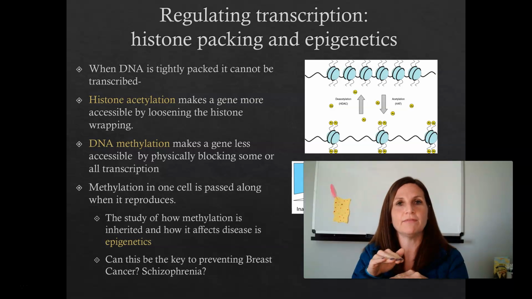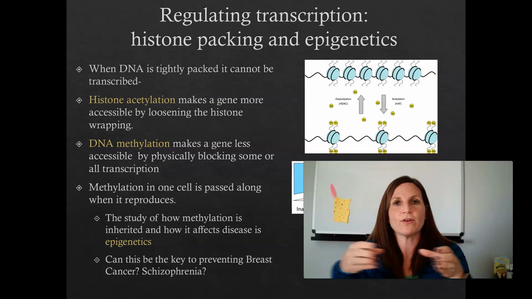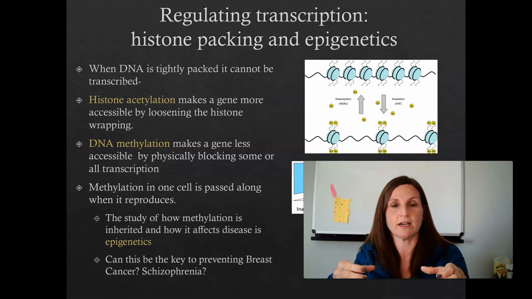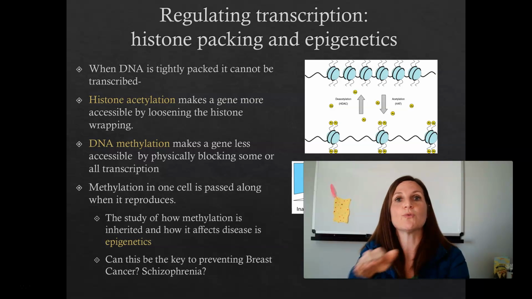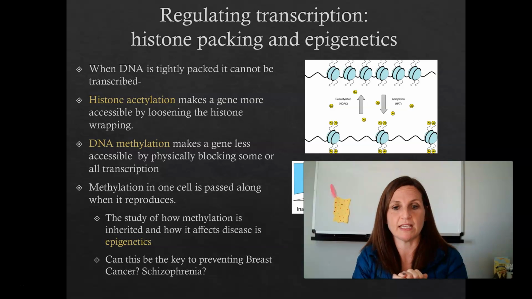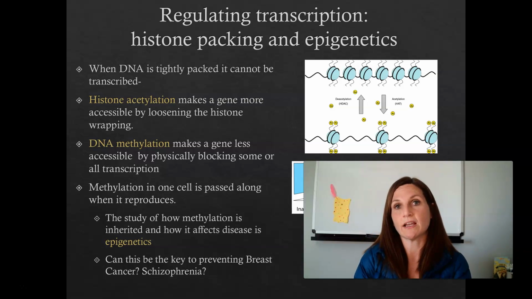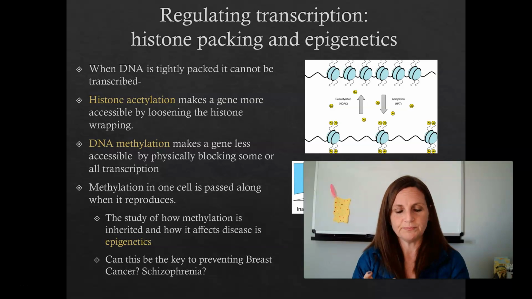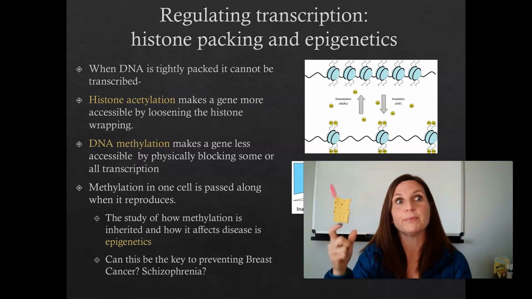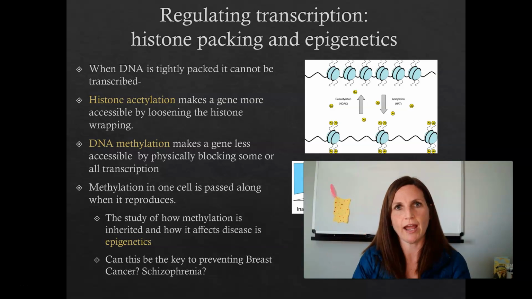Epigenetics means above the genes. So above whether or not you have the gene for breast cancer, you talk about the controls of that gene. And so the idea is that we might be able to prevent something that has a genetic cause, like breast cancer or schizophrenia, by identifying the gene and methylating it, blocking it from being transcribed, blocking it from being expressed.